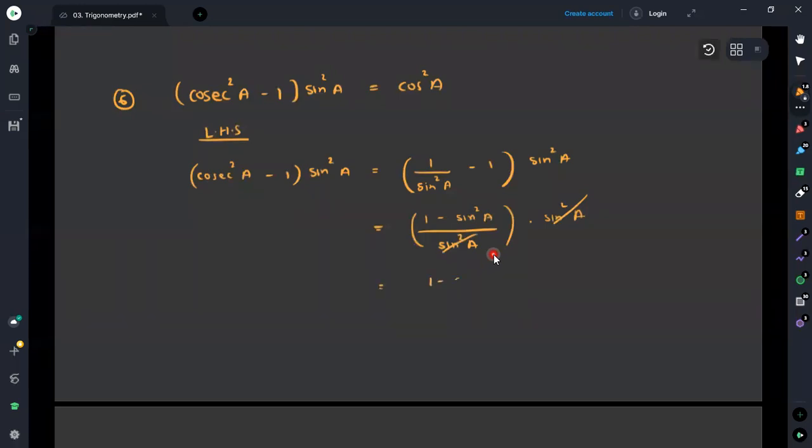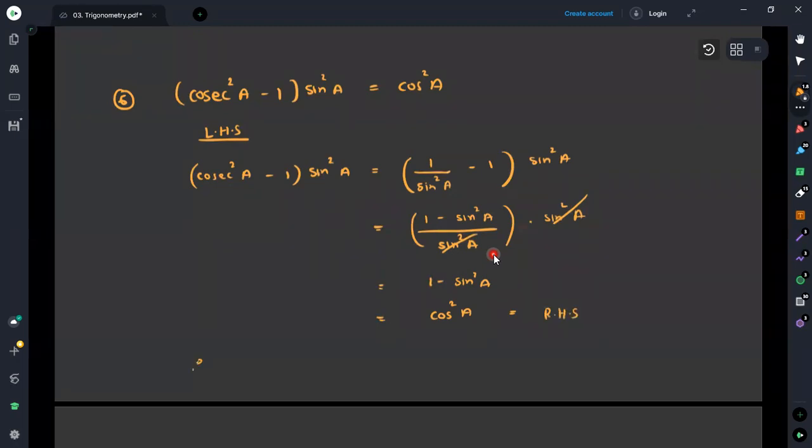Therefore, we'll get 1 minus sine squared A, which is equal to cosine squared A itself, equal to the right hand side of the equation.